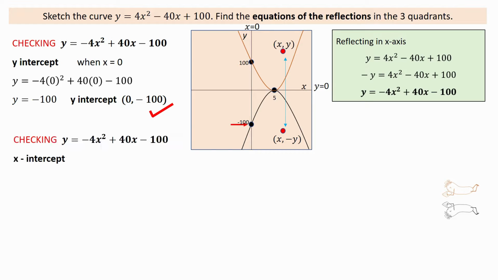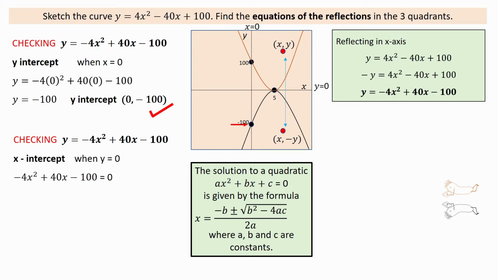Now check the x-intercept, which is when y equals 0. So substitute y equals 0 into the equation and use the quadratic formula. Our reflection touches the x-axis, so we know the square root of b squared minus 4ac equals 0. You might want to check this.